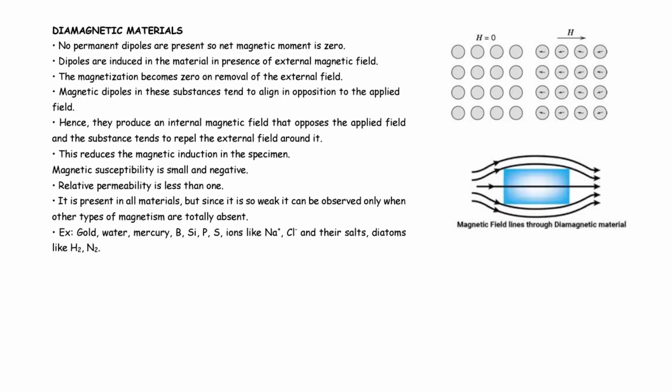Now, come to the various types of magnetic materials. A small description, because we need a detailed description of the quantum theory of paramagnetism. That is the aim of this presentation.